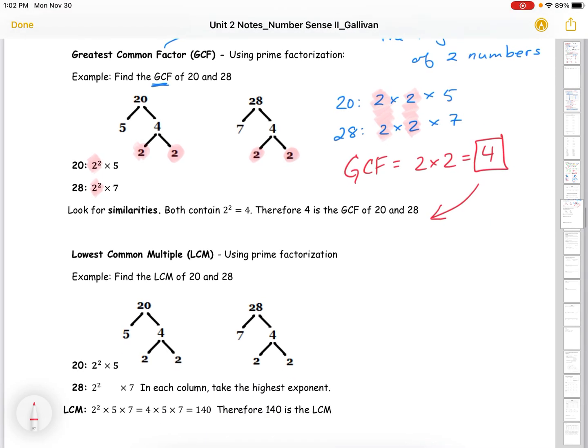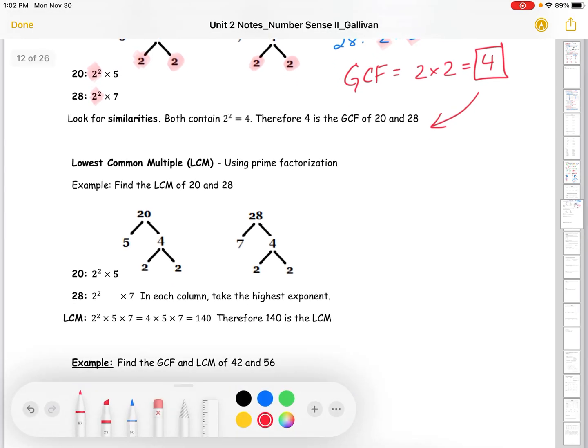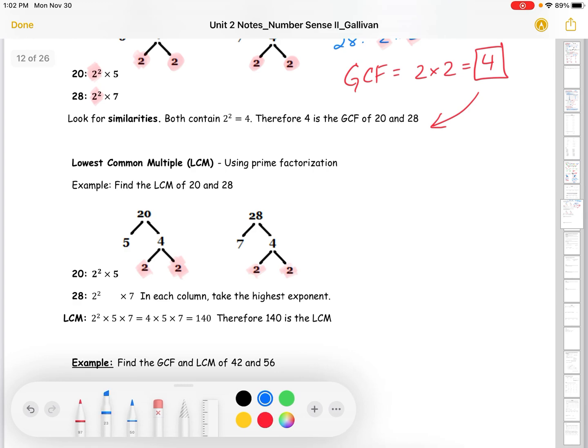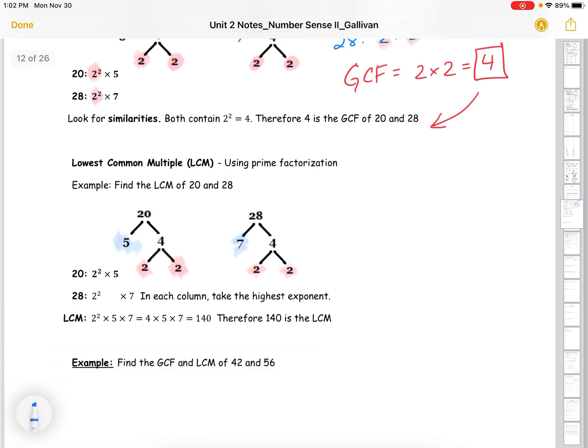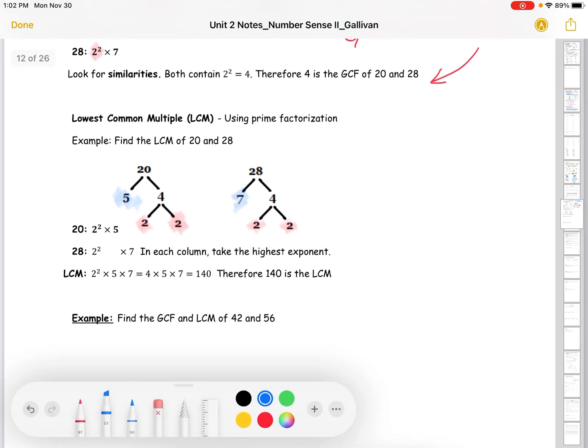Okay. I can also use factor trees to find my lowest common multiple, but it's a little bit different because the multiple is bigger, right? So for here, I do look at what's common, right? But I also look at what's different, okay? Now, if it's common, I account for it once, okay?